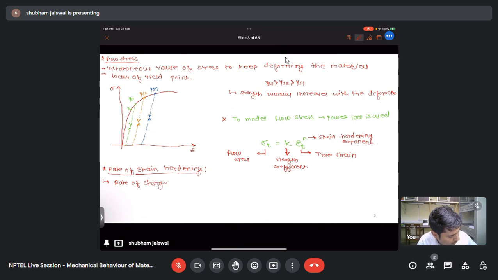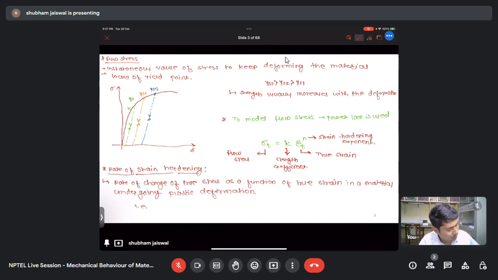Rate of change of true stress as a function of true strain in a material undergoing plastic deformation.